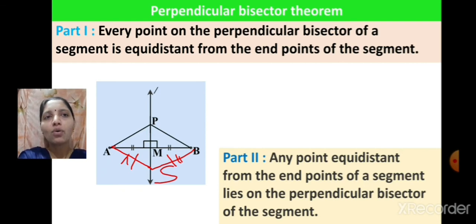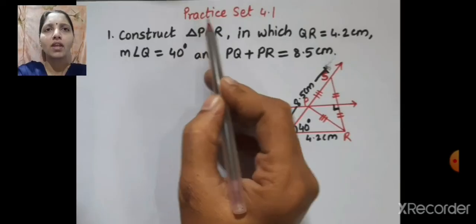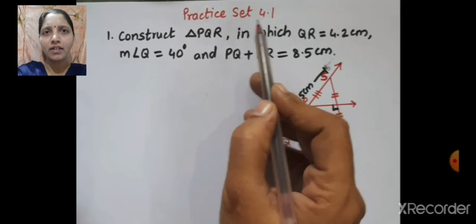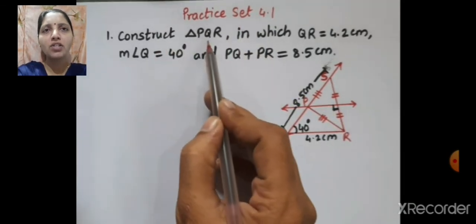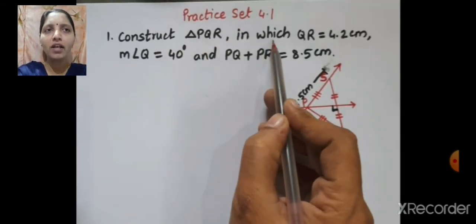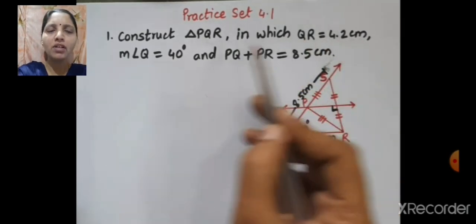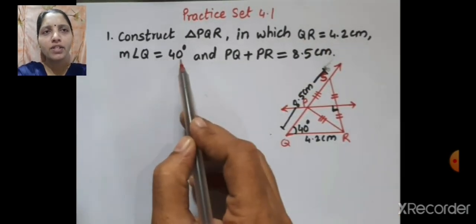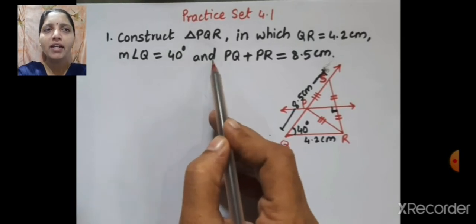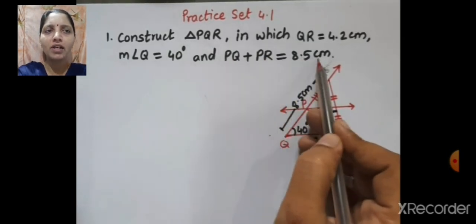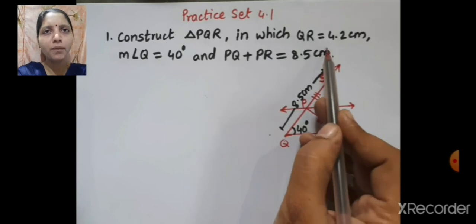So let's start with practice set 4.1. First sum from practice set 4.1. Construct triangle PQR in which QR is equal to 4.2 centimeter, measure of angle Q is equal to 40 degrees and PQ plus PR is equal to 8.5 centimeter.